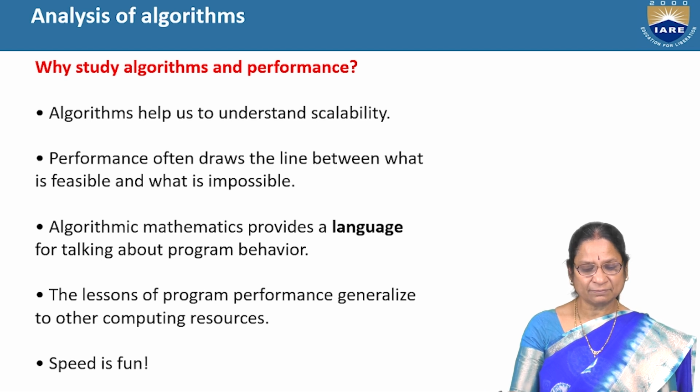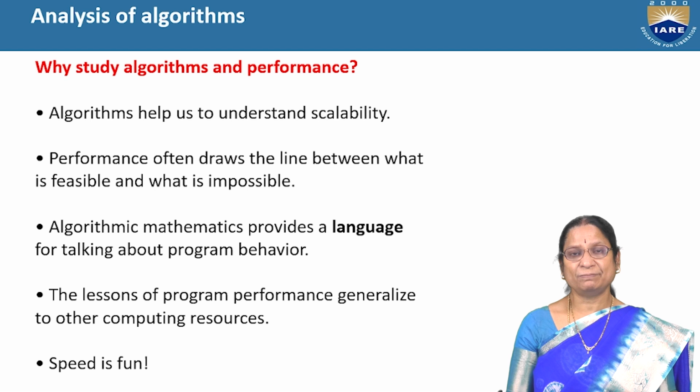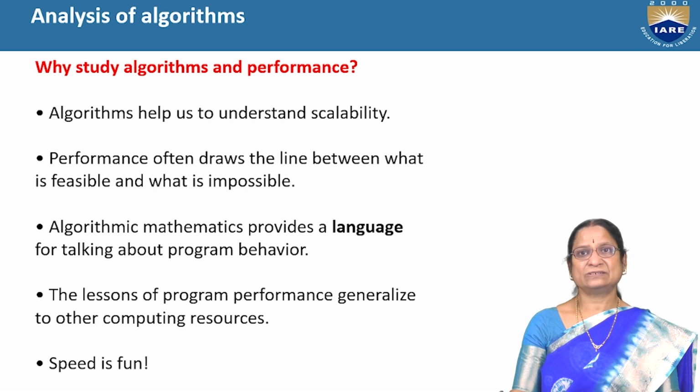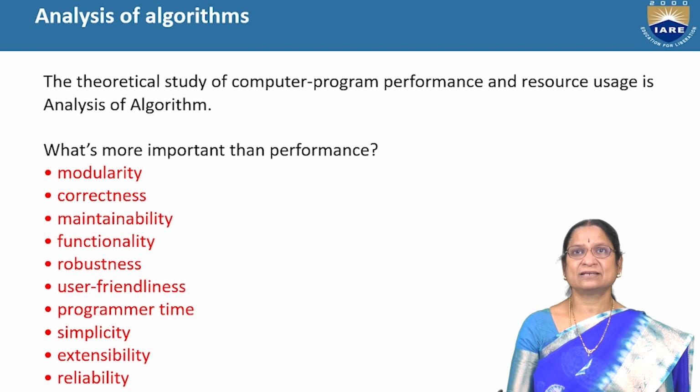And also algorithm mathematics provides a language for talking about program behavior. The program performance generalizes to the other computing resources. So that's why speed is going to be considered as one of the analysis factors of an algorithm actually.